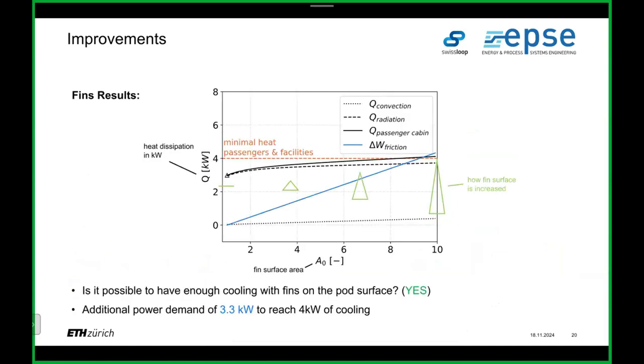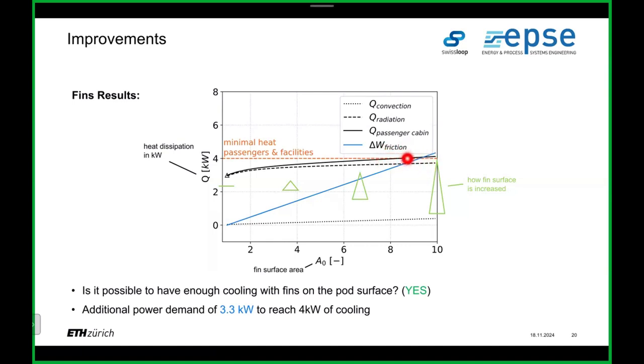So here are the results. On the x-axis is the fin surface area, also indicated with these green triangles, and on the y-axis is the heat dissipation. And now it's possible to reach the lower bound of 4 kilowatts of heat dissipation at the end.